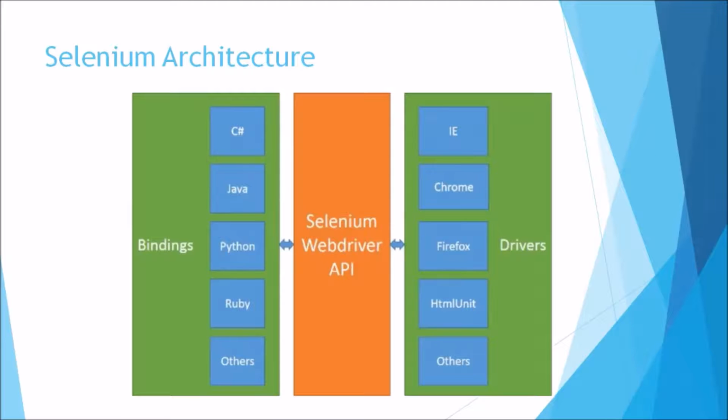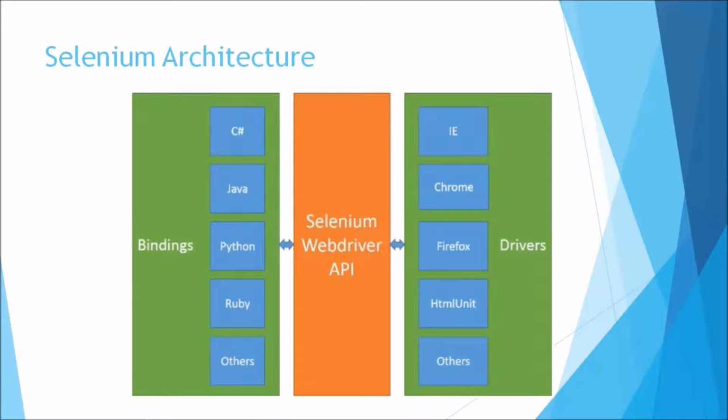As shown on the screen, we have three sections. The first one is bindings, which is language binding. We have C#, Java, Python, Ruby, and there are many more. The second is the Selenium WebDriver API. And the third one is drivers.